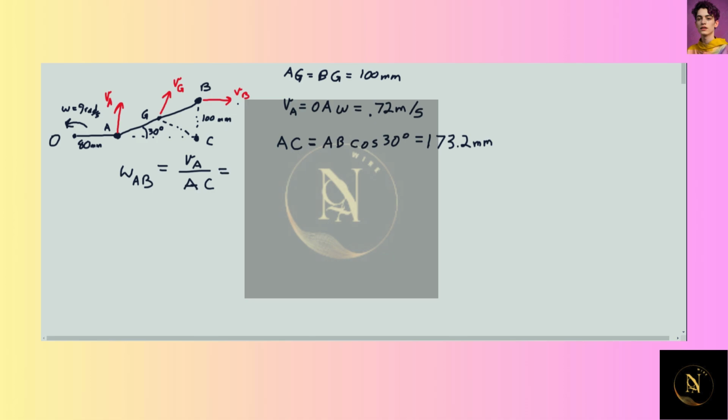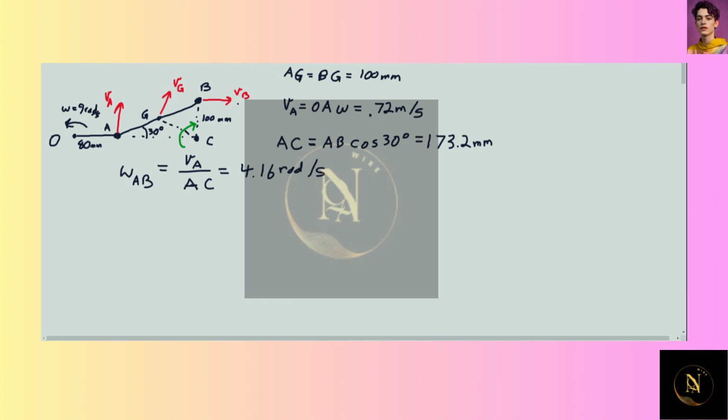The velocity of A was 0.72 meters per second. The length AC was 0.1732 meters. So we end up with about 4.16 radians per second, and we need to choose a direction for that. This will be in the clockwise direction. So I'll just highlight that in green here, going around C.